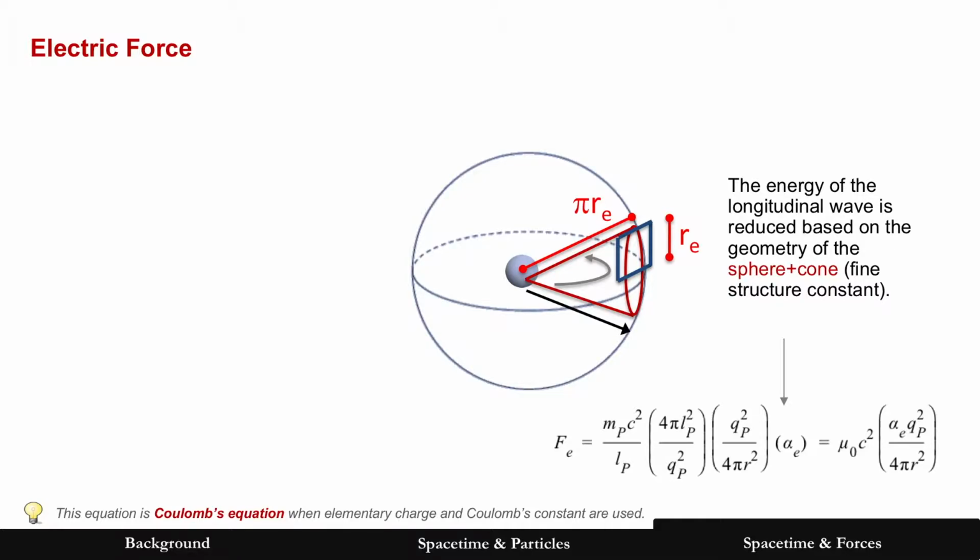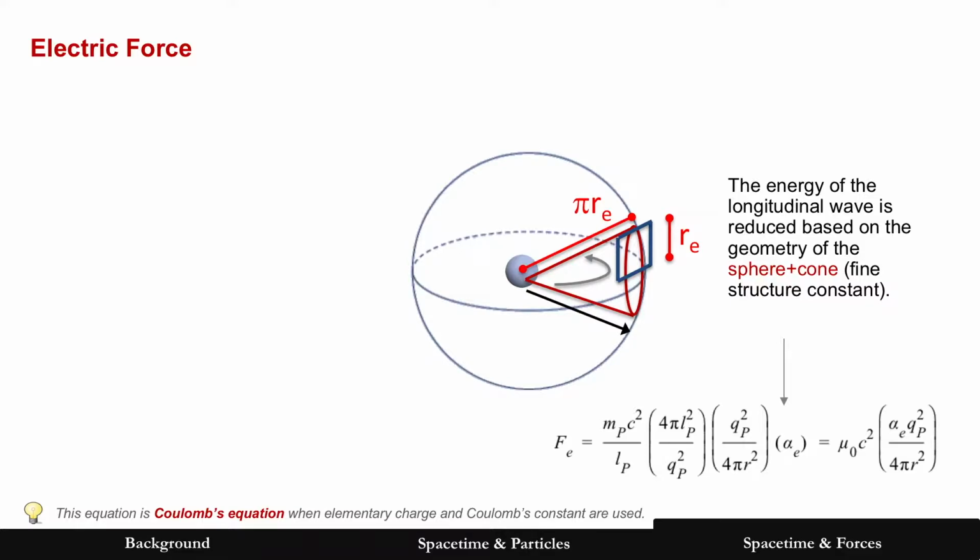And you can see why the electron radius was used as the variables for that when it derives to the fine structure constant. Now on the far right, you see the magnetic constant, c squared, and the remaining terms in parentheses. That is the electric force. It is the exact same thing as Coulomb's equation if you were to swap out elementary charge for the Planck charge squared and fine structure constant, and also Coulomb's constant where you see the magnetic constant c squared and 4 pi.